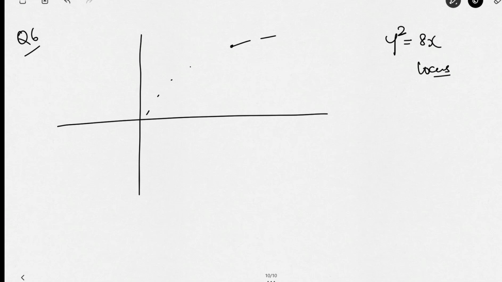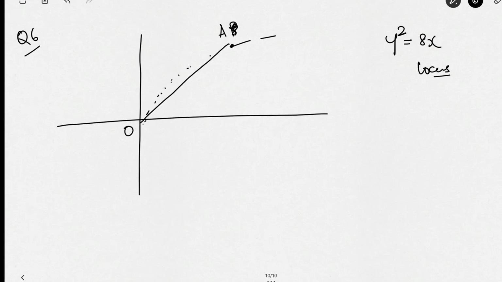Locus of what point? Every point which is lying on this curve, let's say P, this is another P, like this. O is the origin and A be the point. Let's name it A. So this is OA.